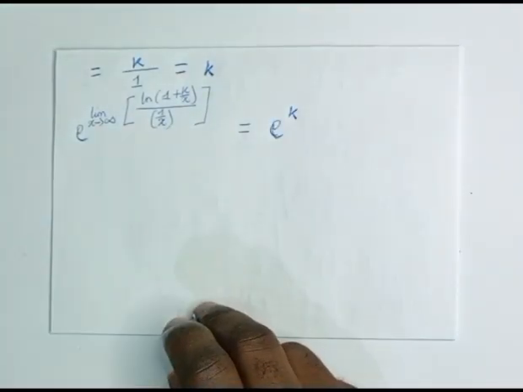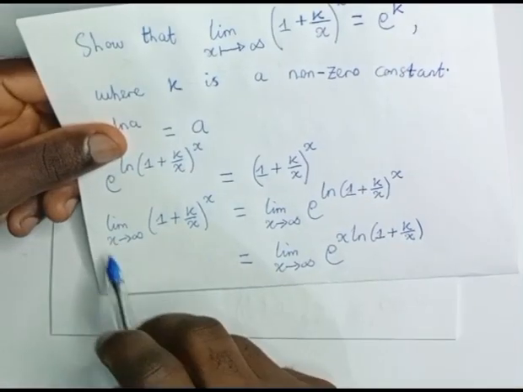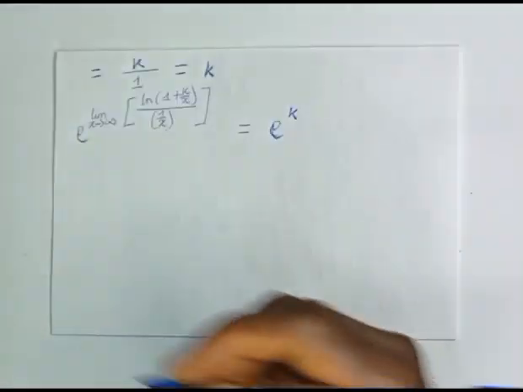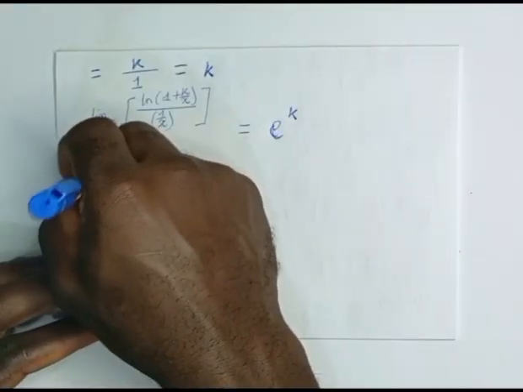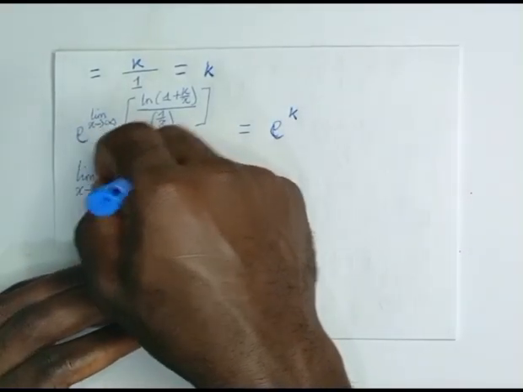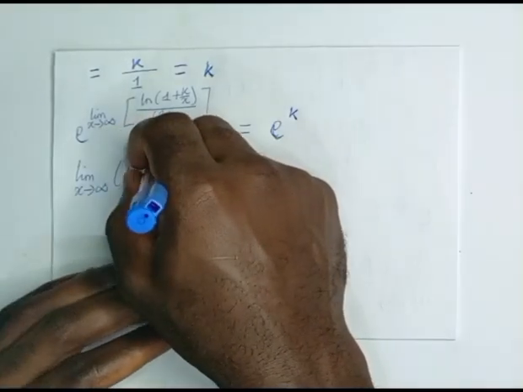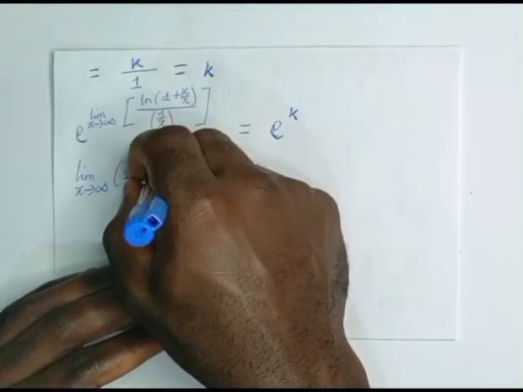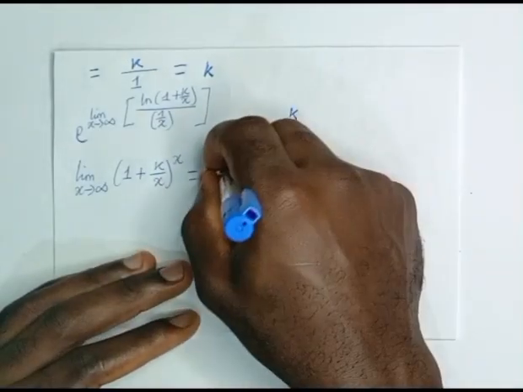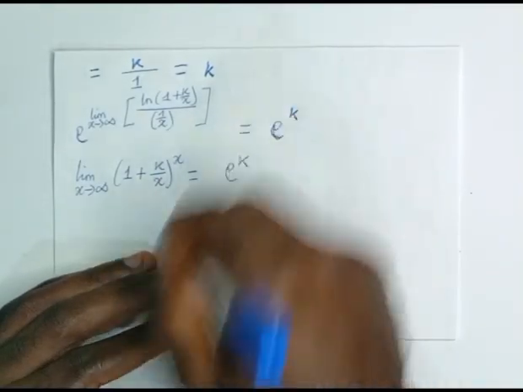It simply means this limit, the limit as x tends to infinity of 1 plus k over x, all this raised to the power x, is equal to e raised to the power k.